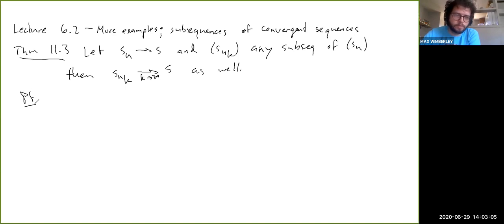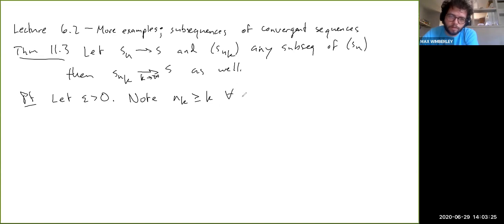So here's the proof. Let epsilon be greater than 0, right? So actually, what they say in their argument is nk is greater than or equal to k for all k.